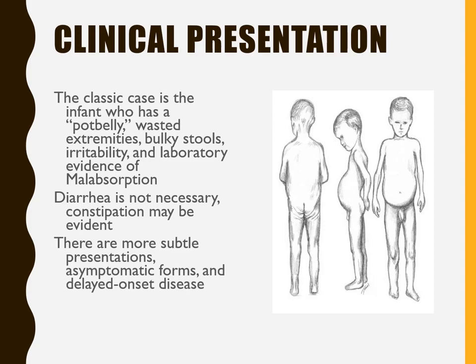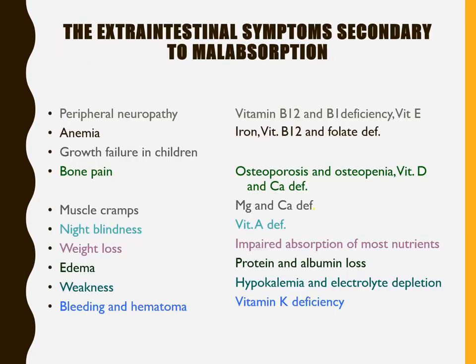This is the classical presentation. Nowadays, we know that up to 30% of patients with celiac disease would present with constipation rather than diarrhea. Still, there are more subtle presentations, even asymptomatic forms, and delayed onset of the disease up till late adulthood.